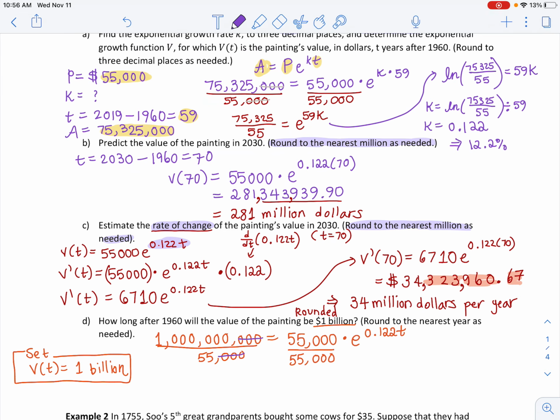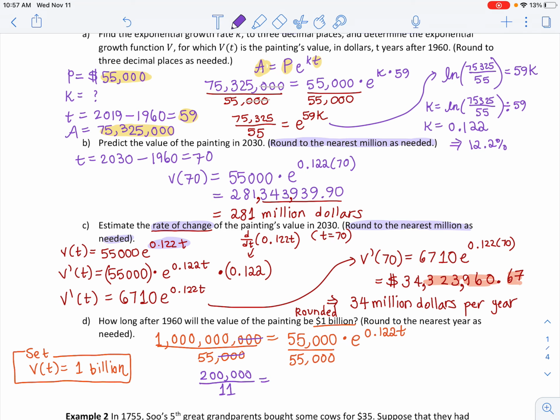Let me just get rid of these 3 zeros first. 1 million divided by 55. It's giving me a decimal, so I may just divide it by 5. 1 million divided by 5, and then I can write down 200,000 divided by 11. I just reduced the fraction.